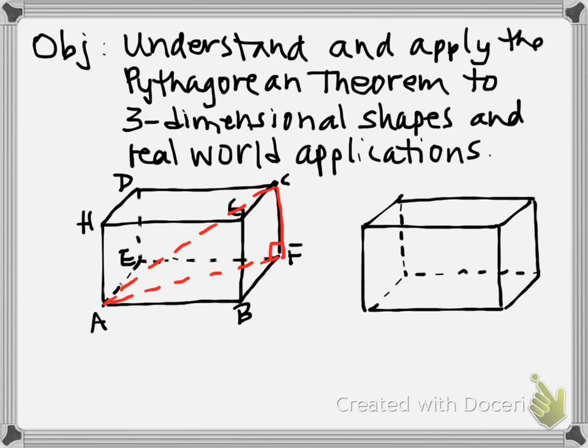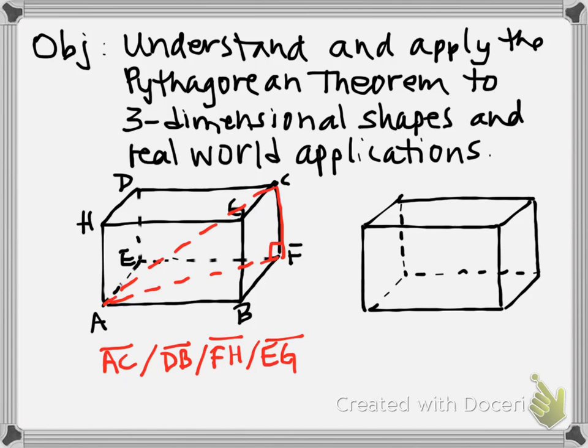So I'm going to write underneath here segment AC and segment DB, segment FH, and let's see, which one am I missing? And segment EG.